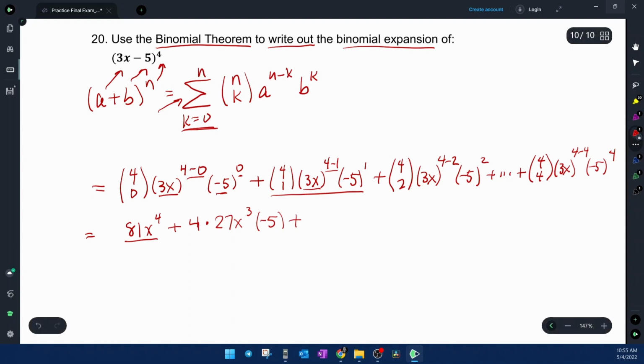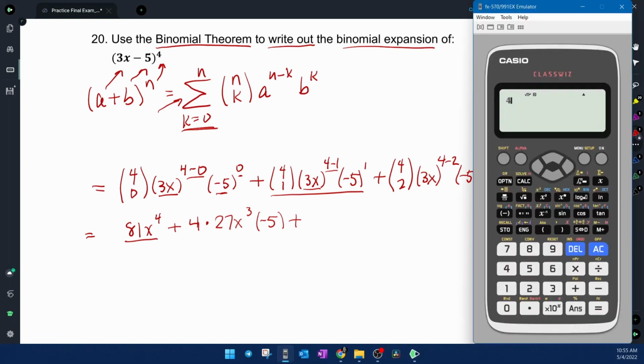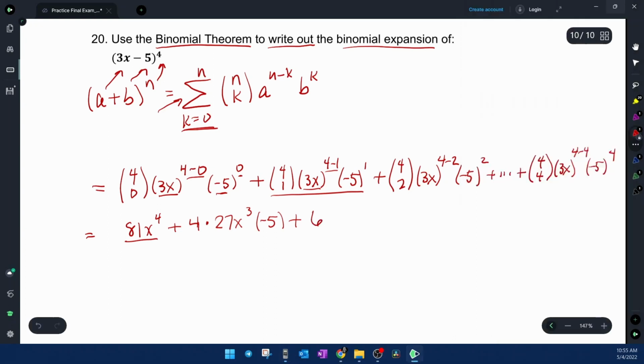Plus, and then we rinse and repeat. 4 choose 2 gives us a 6. That's going to be multiplied by 3x to the 4 minus 2, which is 2. 3 squared is 9, x squared, and then multiplied by negative 5 squared is a positive 25.